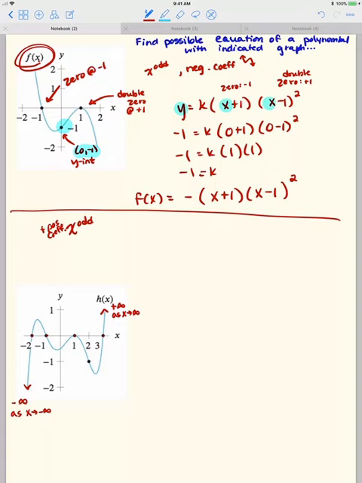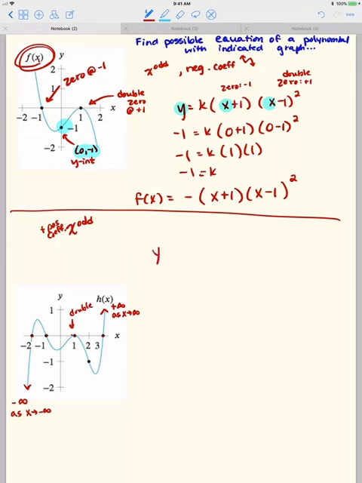So that's what we need to find for A. And I have 4 zeros, but I need it to be an odd power, so I need 5 zeros really. If you'll notice here at 1, it's a double because it bounces.